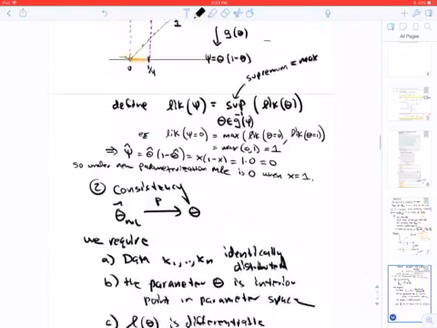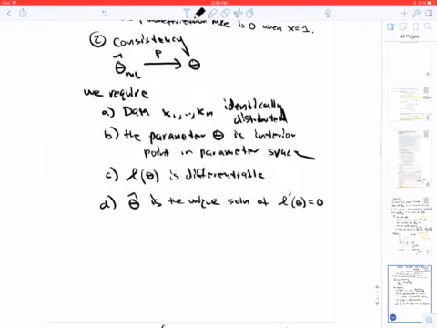Okay, so equivariance is an important property. Consistency we've seen before. That's true for MOM estimates as well. It just means that our estimator converges in probability to the parameter, except that it's not always going to be consistent. You need certain requirements about your setup.